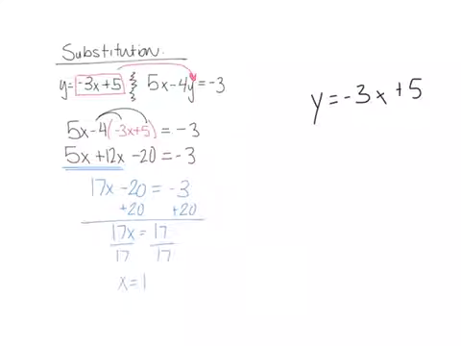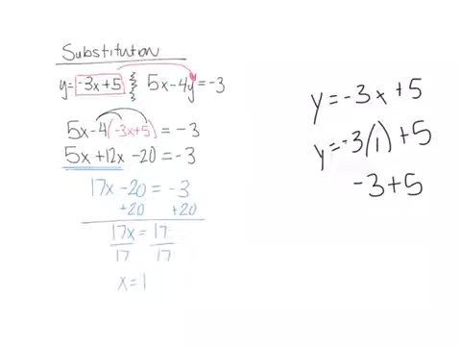But instead of x, I'm going to write it with the 1. Negative 3 times 1 plus 5. I get y equals 2. So the coordinate (1, 2) is where these two lines meet.